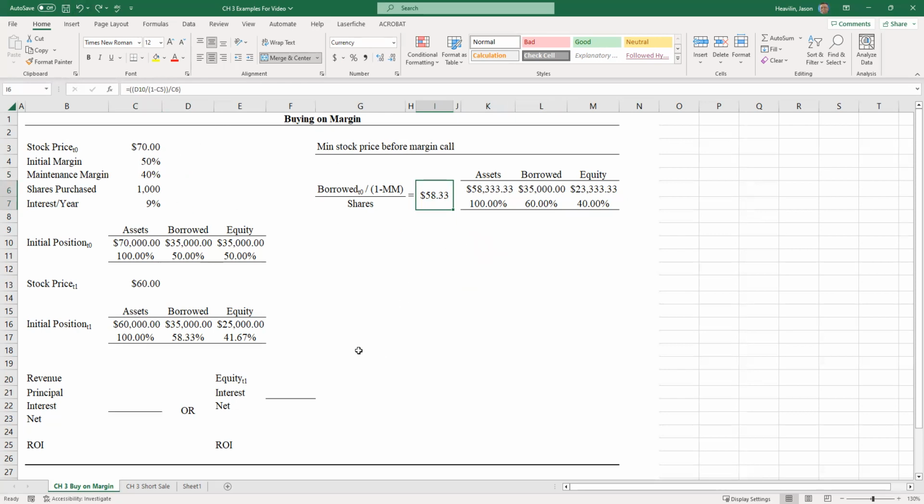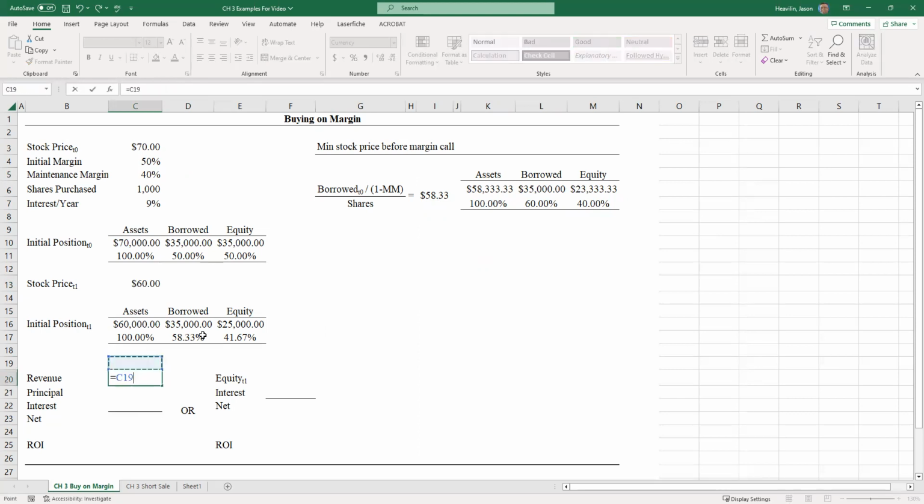Now, let's say, you know what? It's not looking good. Might as well get out of the position now before I continue losing money. So let's look at your return on investment and revenues and everything like that. So if you decide to sell the position at the $60 before it keeps on dropping, the money that comes in is your $60,000 because you sell the $60 times 1,000 shares.